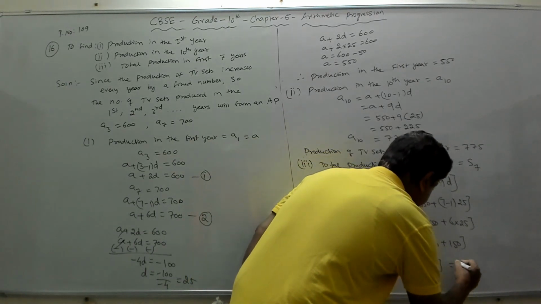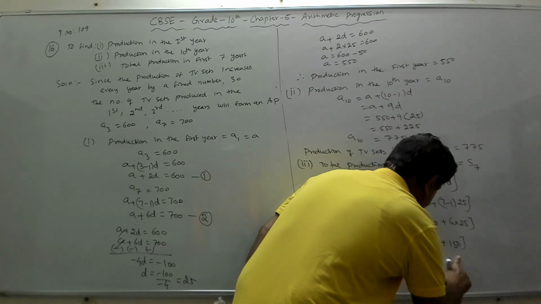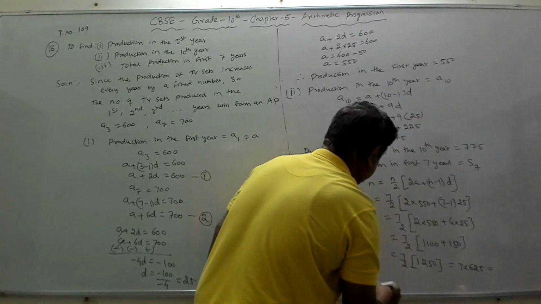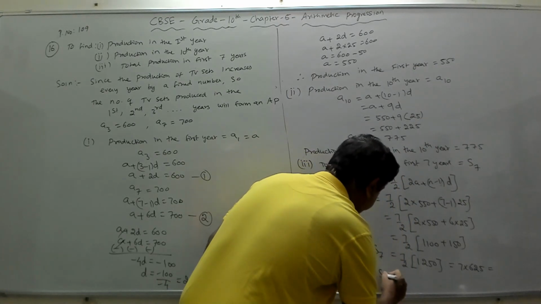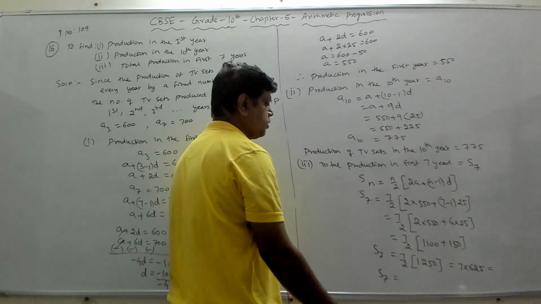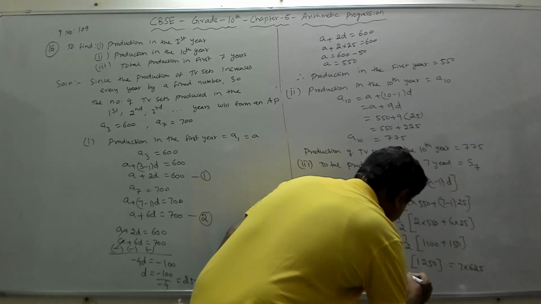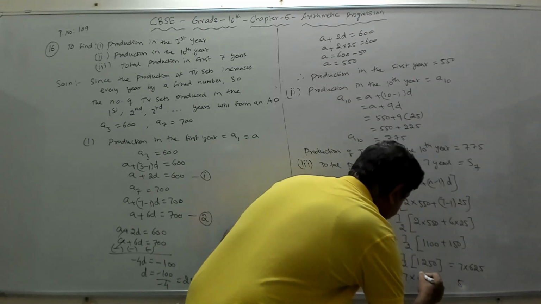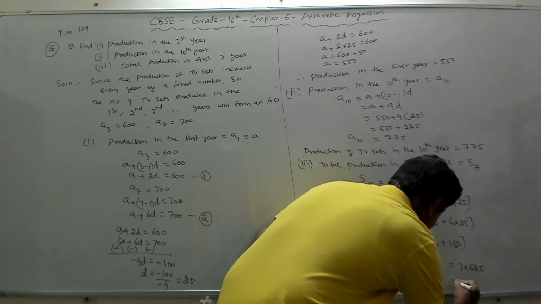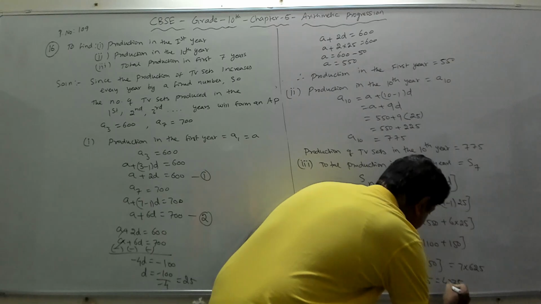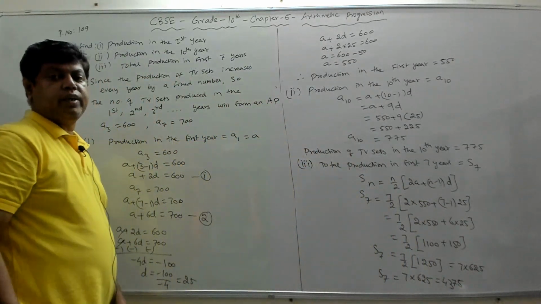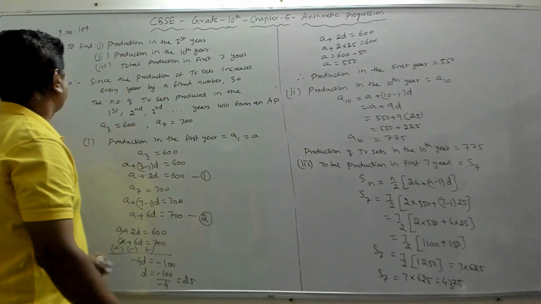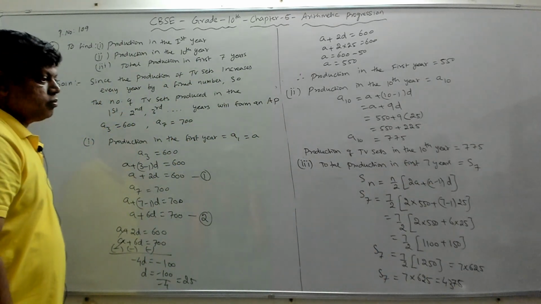That will become 7 into 625. That is your S7. If you multiply 7 into 625: 7 5s are 35, carry 3, 14, 17, carry 1, 42, 43. So 4375 TV sets are produced in the first 7 years, right?